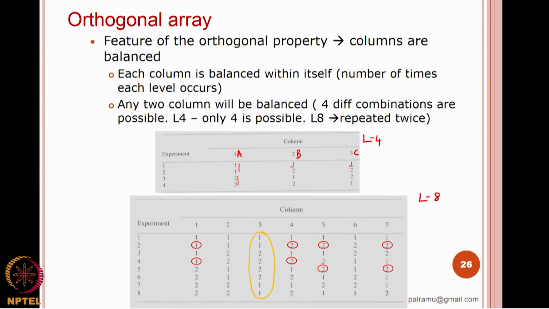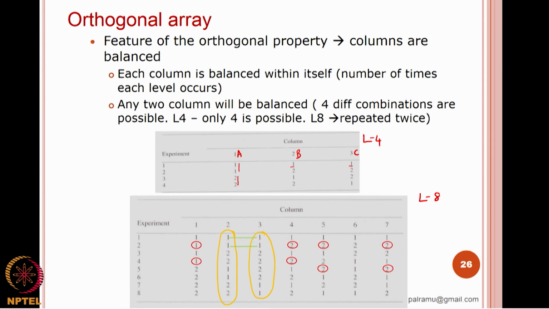Now, take any 2 columns. We will take 2 columns right next to each other, it is easy, and then we will go to 3 and 6. 1 1 is happening twice.